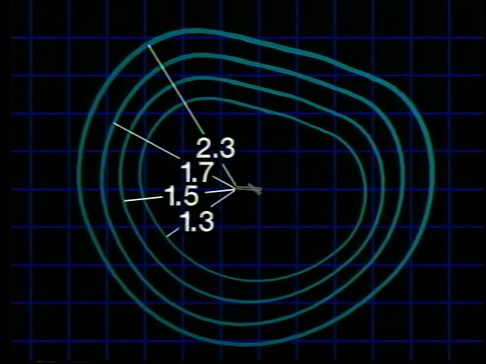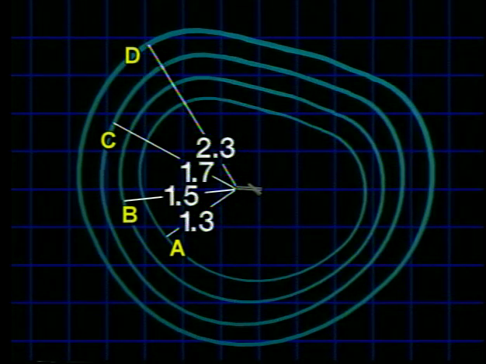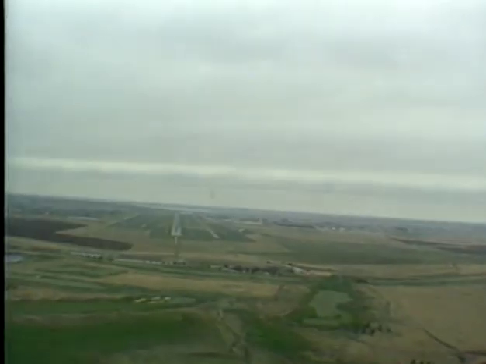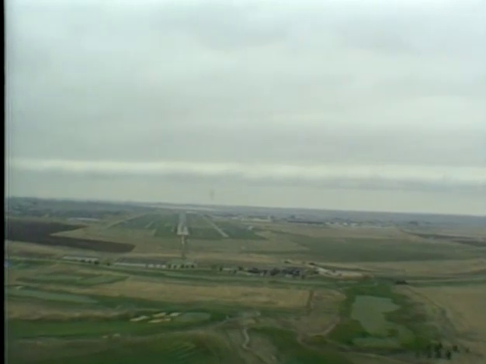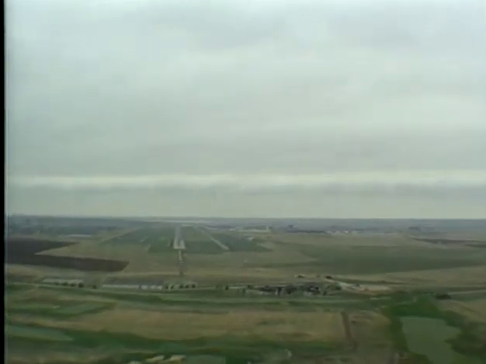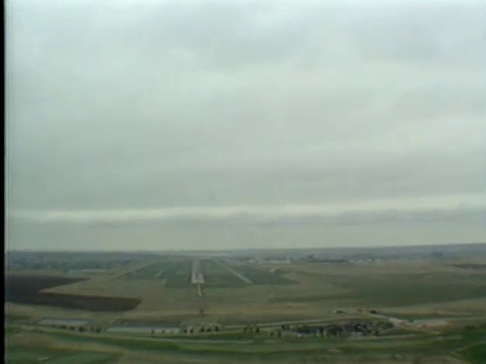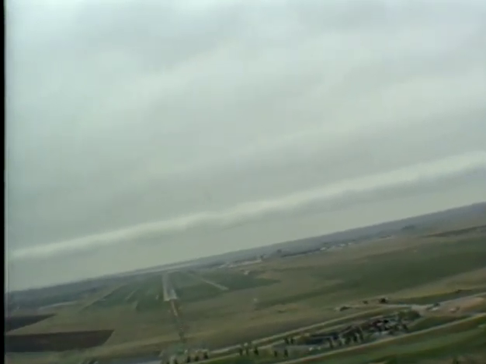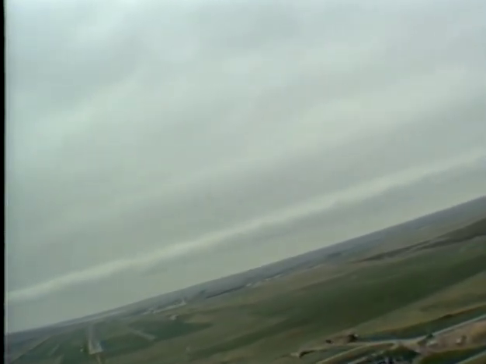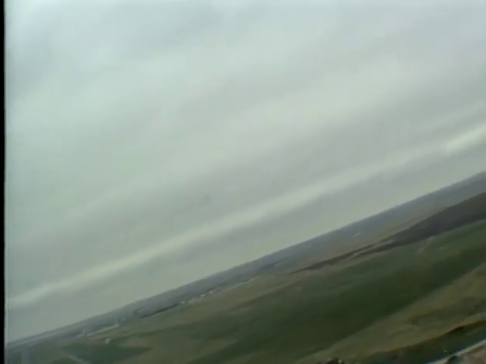The airspace ranges from 1.3 nautical miles from the runway end for Category A aircraft to 2.3 nautical miles for Category D aircraft. Remember, if you're flying the maneuver at an indicated airspeed that's faster than the maximum limit of the speed range for your category of aircraft, you must use the higher minimums. Otherwise, you might not have the necessary obstacle clearance.